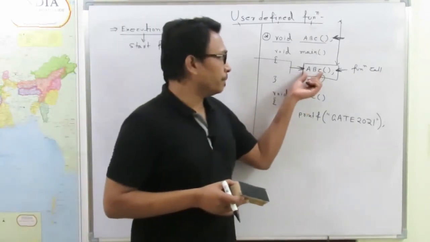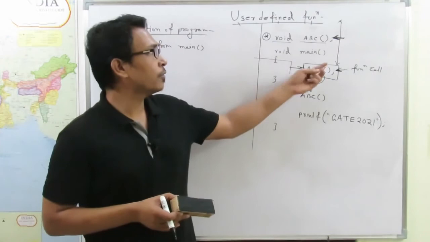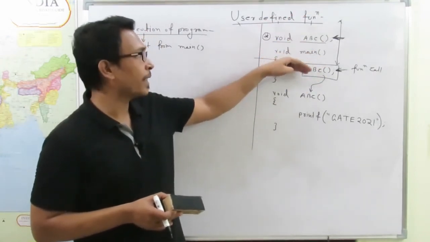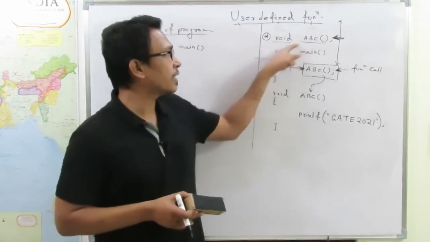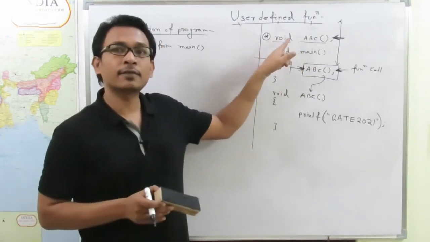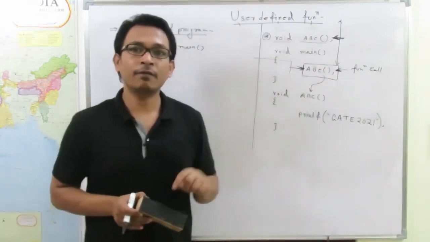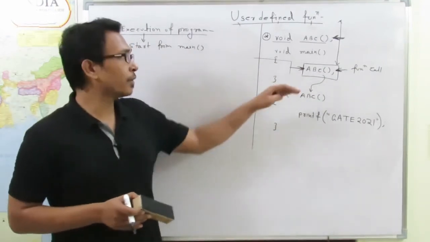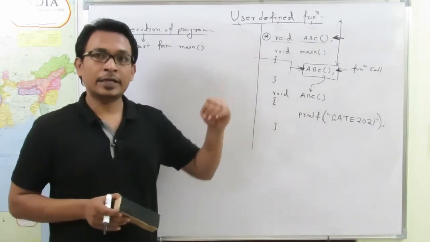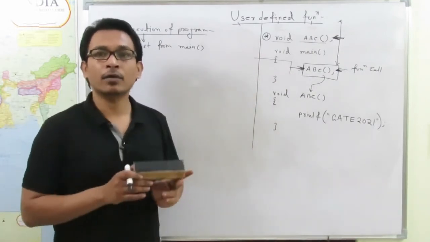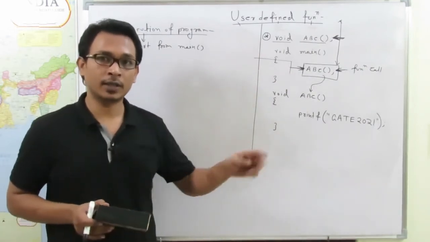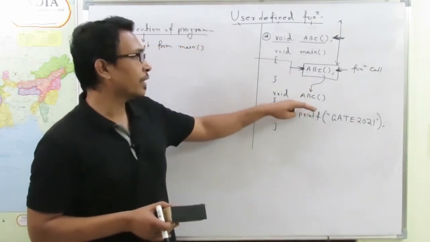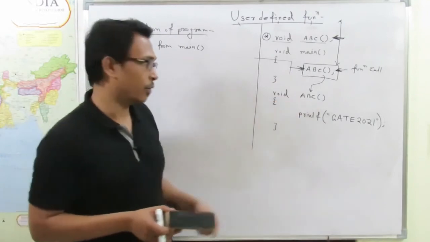For that, system will check all the instructions above this particular instruction in the program, and it gets this particular instruction, and it gets to know that this function is a user defined function. And after that, it will check for the definition part of the function. So where is the definition part of this particular function? The definition part is given here.